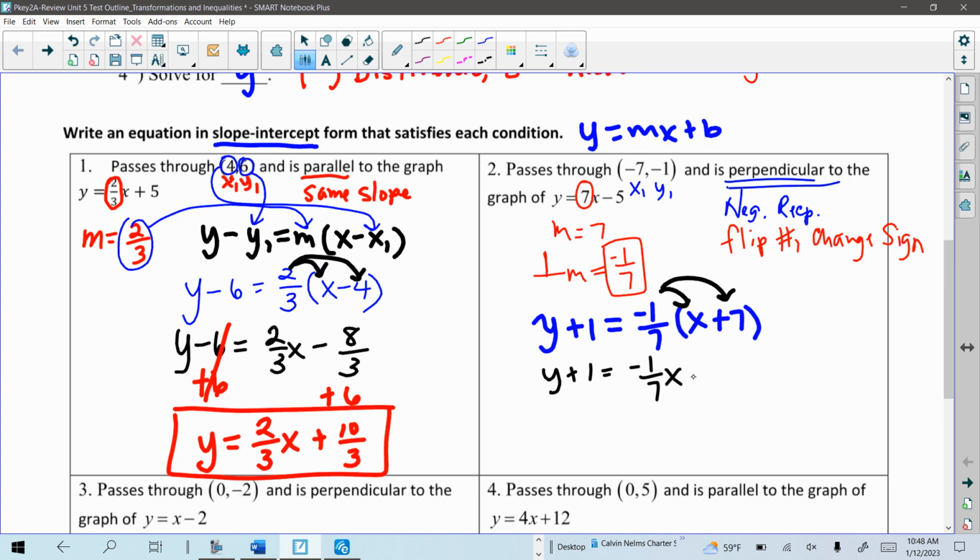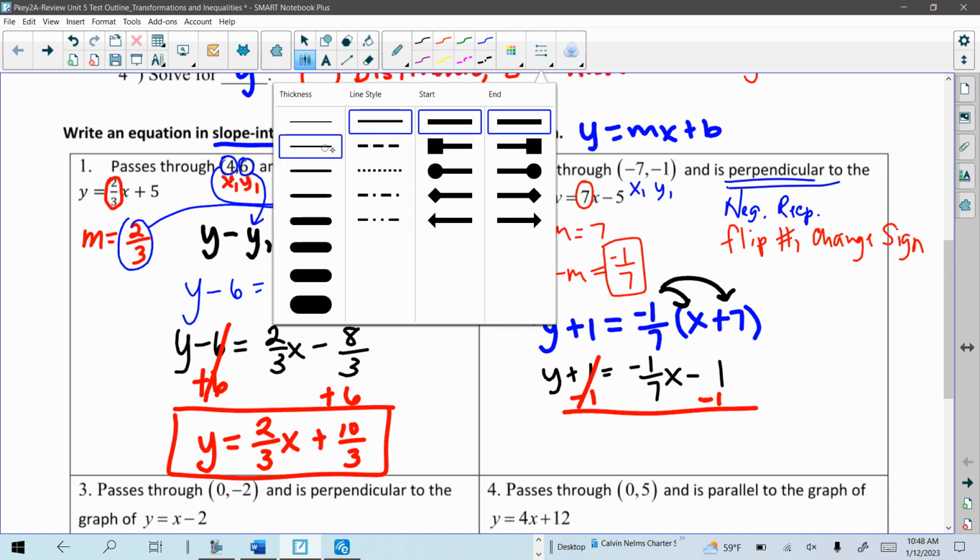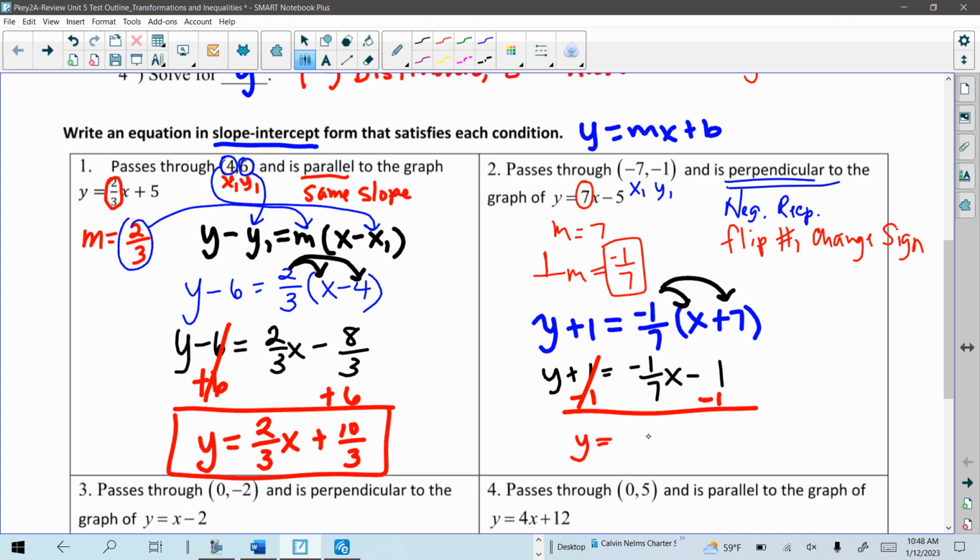You should end up with the negative 1 when you distribute the negative 1/7 times 7. And then to solve for y, you need to subtract 1 from both sides. And now I can isolate my y variable and get the equation y equals a negative 1/7x minus 2.